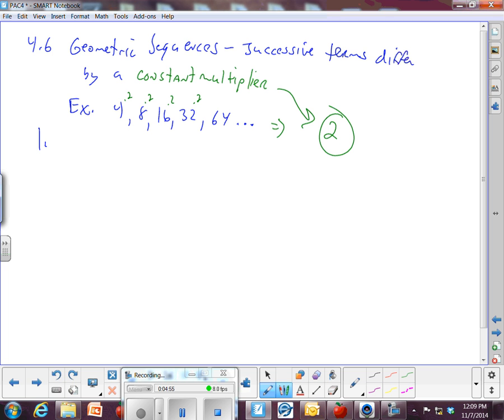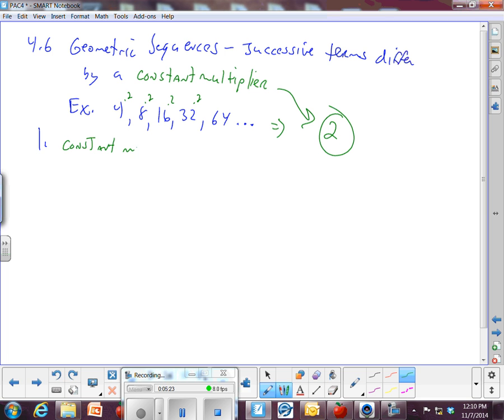Okay, so for an arithmetic sequence, how do we designate the common difference? What did we use to represent the common difference? I'm looking for a symbol. We used the lowercase d, right? It represented our common difference, and that's pretty easy. We also need a symbol for the constant multiplier.